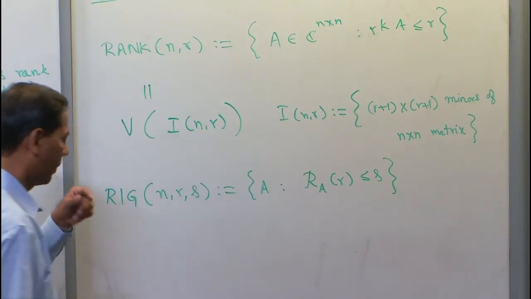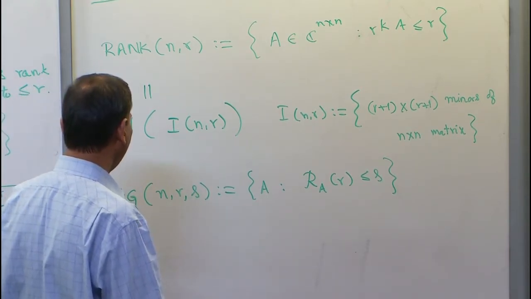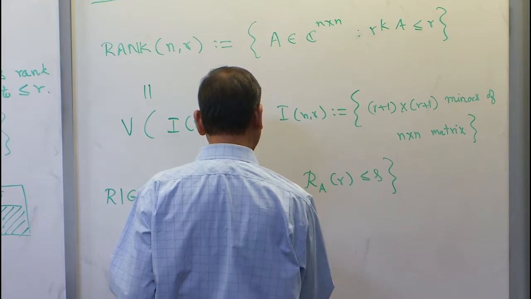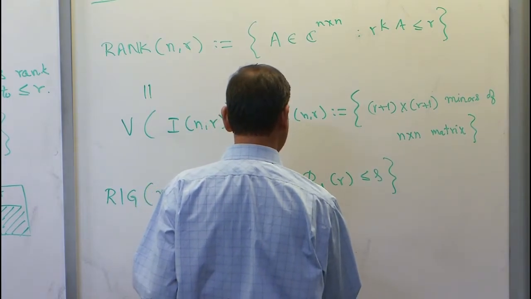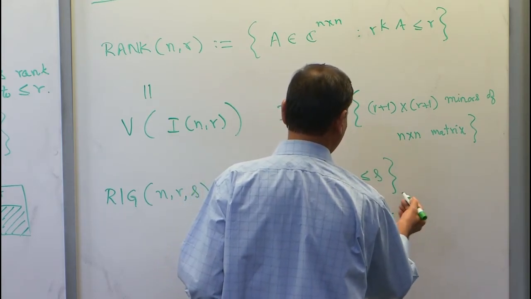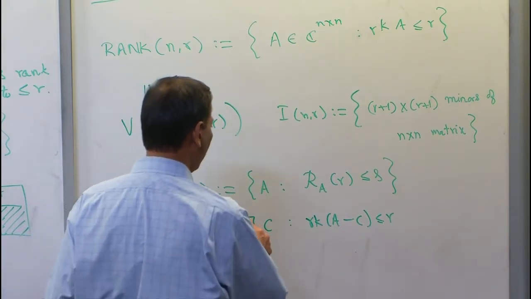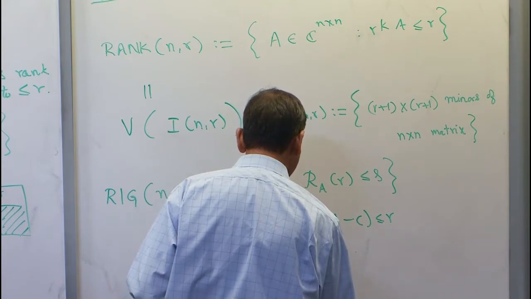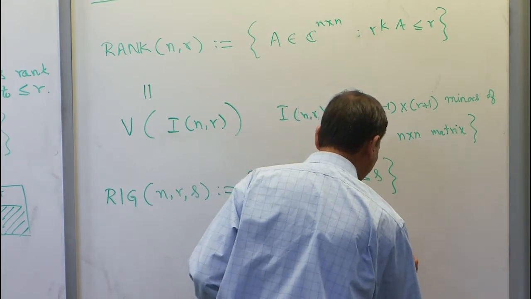So A is in this set if there exists a change matrix C such that the rank of A minus C is at most r, and C has at most s non-zero entries.